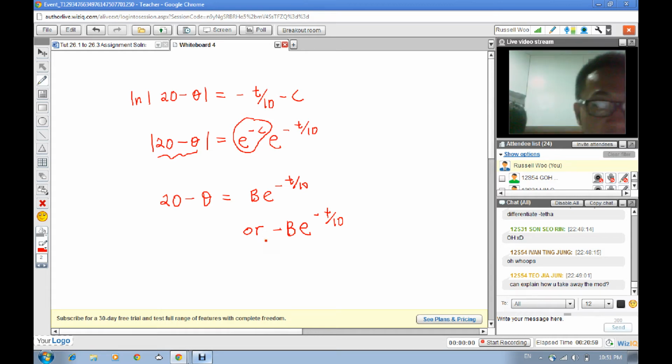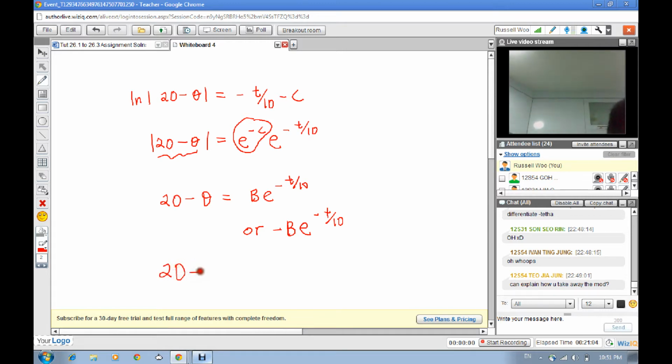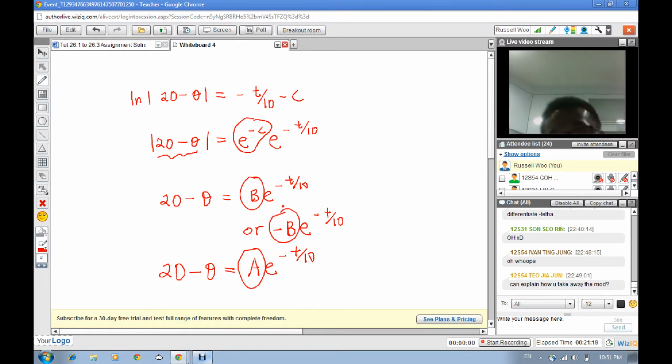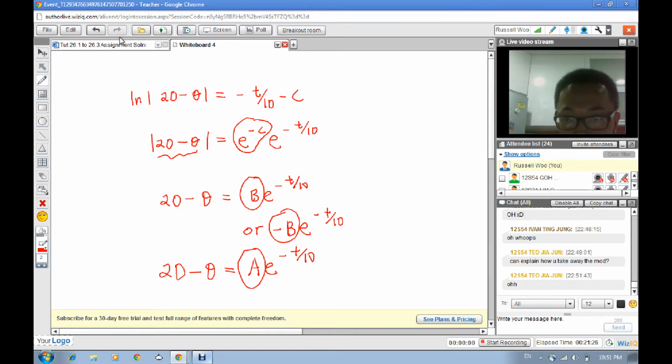So can we then finally write 20 minus theta equals a e negative t over 10, where this a can either be a positive or a negative number, where a is just another constant? Okay? Good.